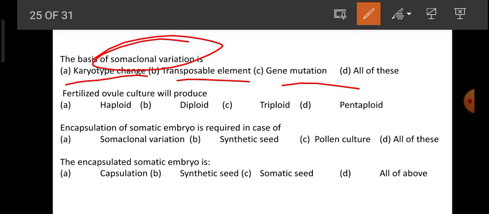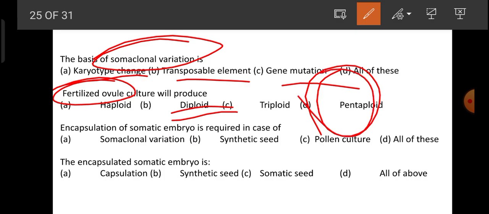Next question, fertilized ovule culture will produce, options haploid, diploid, triploid and pentaploid. Ovule culture, fertilized ovule means it is already in diploid condition, so diploid is the answer here. Encapsulation of somatic embryo is required in case of, encapsulation, as I have already told you, this process is done with sodium alginate or calcium alginate, generally it is preferred.